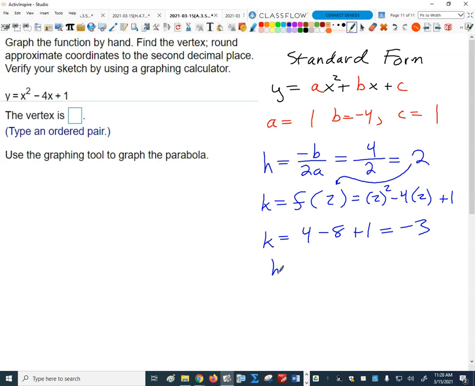Okay, so I know the values of h and k are 2 and -3, so that's the vertex, right? And I know a is equal to 1. So let's graph that then.